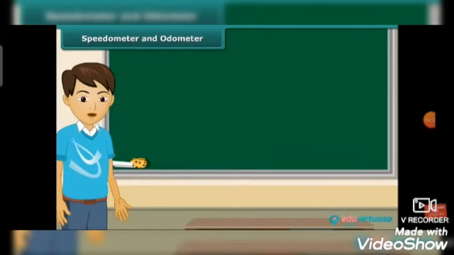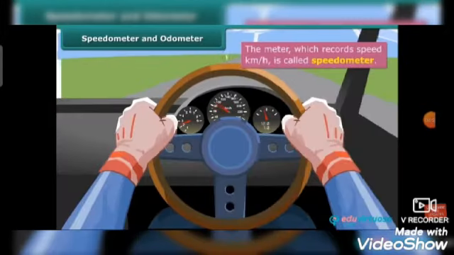Well, now we will move on to some devices. The meter, which you can see here, which records the speed in kilometer per hour, is called a speedometer. Every car has this kind of speedometer just underneath the steering, right?